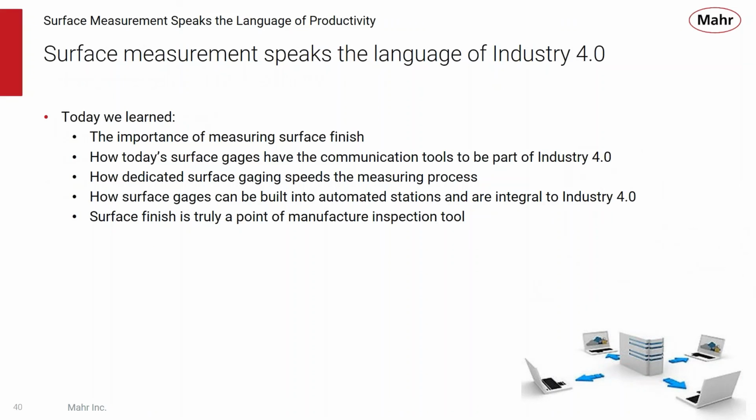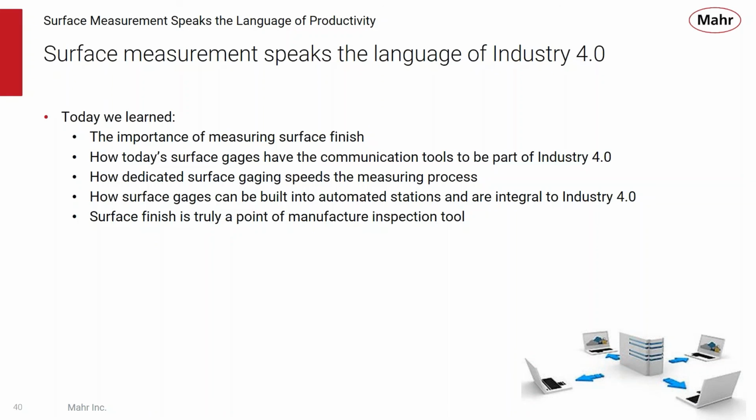So today we've learned a lot of different things. We've learned the importance of surface finish and why we measure it. How today's surface finish gauges have the communication tools to be part of Industry 4.0. How dedicated surface gauging speeds the measuring process, whether it be a simple automation or a fully automated measuring system.